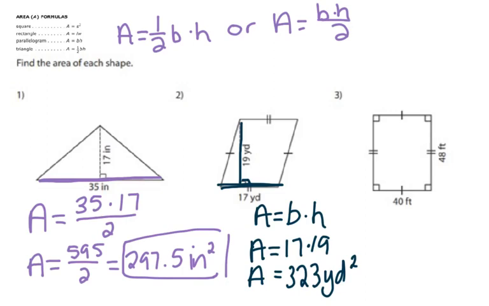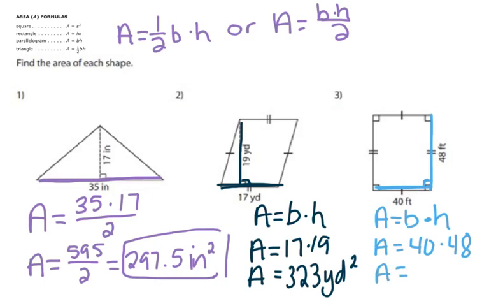Okay, so this next figure is a rectangle. So in order to find the area of a rectangle, we do area equals base times height. So our base here is 40 feet, and our height, which is always perpendicular to the base, which means it forms a right angle, is 48.